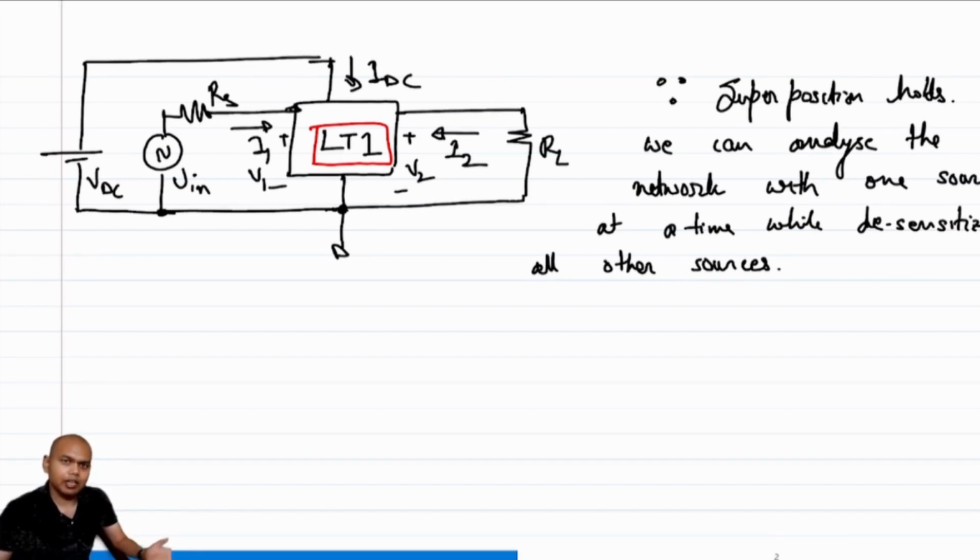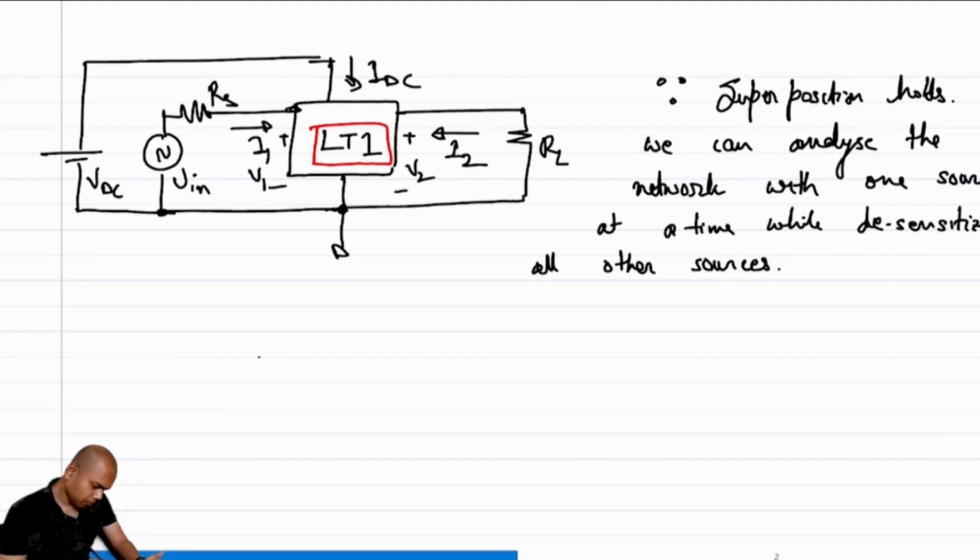In the end we can club together all the responses, and the final output will be equivalent to the case where all the sources were in play together. Note that this is only possible in an LTI system.